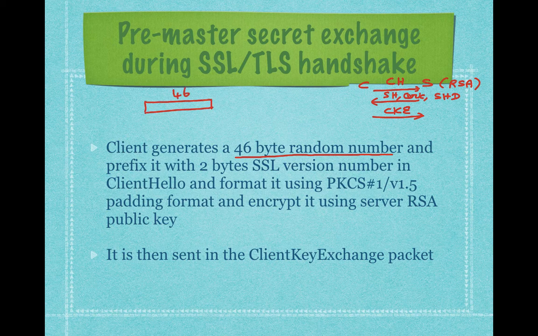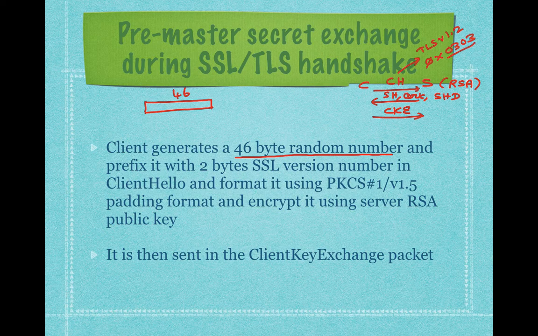Then in the client hello, typically it passes the TLS version number. Let's say you are using TLS version 1.2. For TLS 1.2, the hexadecimal code for the version number is 0303.